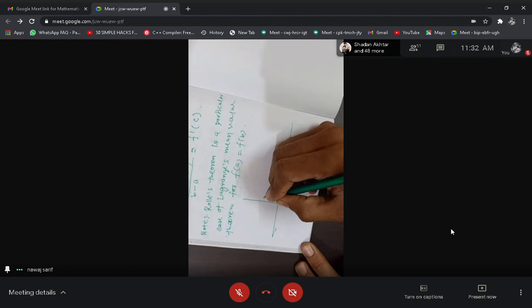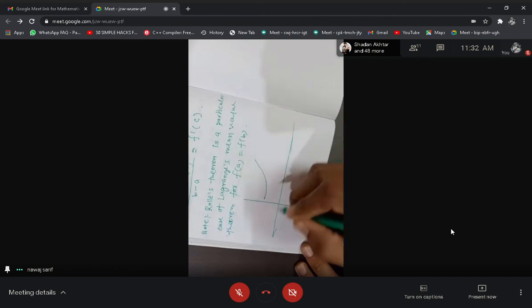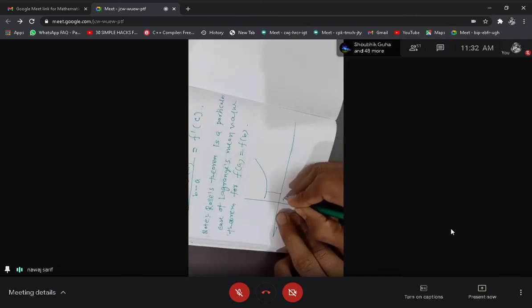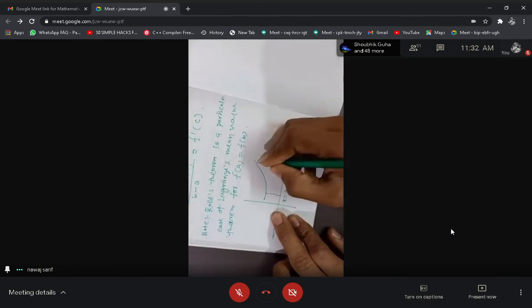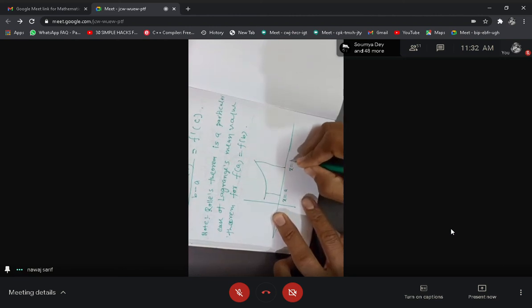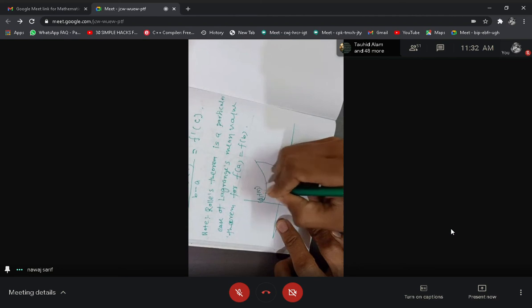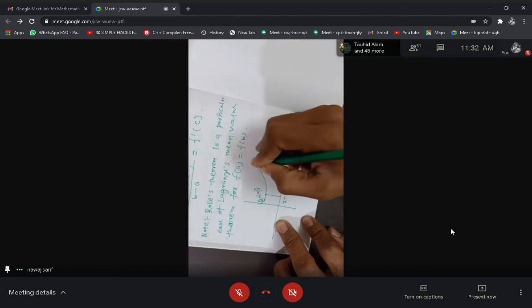Let us take this point as x equals A and this point as x equals B. So what is the location of this point? A comma f of A. And what is this one? B comma f of B.